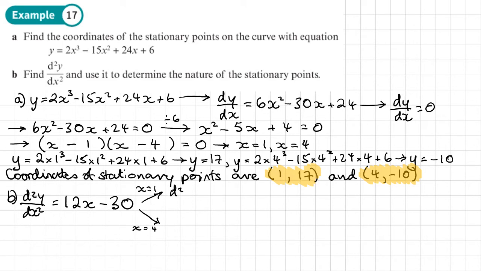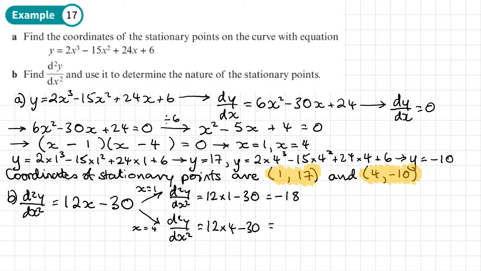The second derivative, d squared y over dx squared, is going to equal 12 times 1 minus 30. So that gives us negative 18. And then we will put in the 4. So 12 times 4 minus 30. So that's 48 minus 30, which gives us a positive 18.